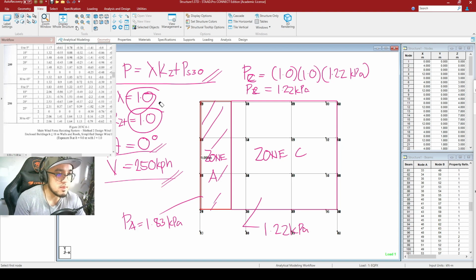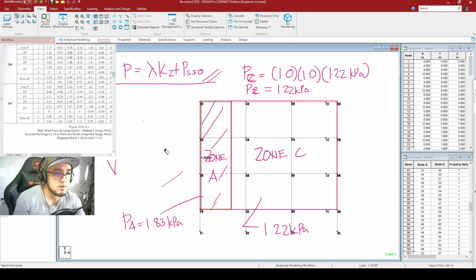So I would just be erasing these parameters right here so that I can tabulate. So from that, guys, our pressure at zone A is to be 1.83 kilopascals, and our pressure for zone C is to be equal to 1.22 kilopascals.